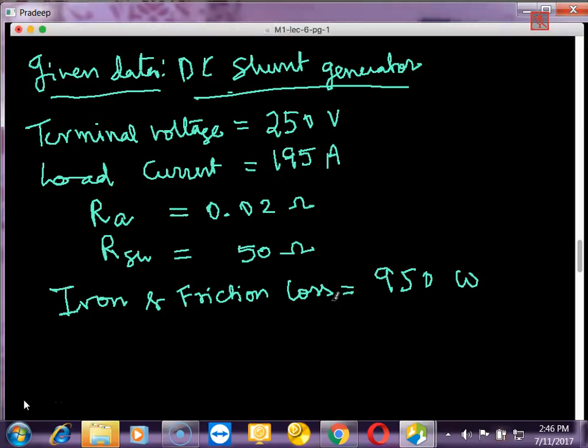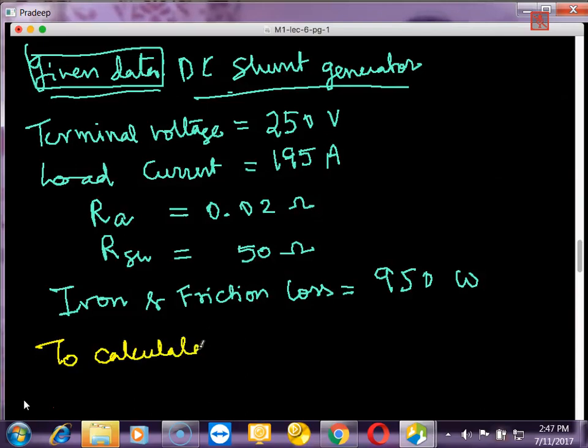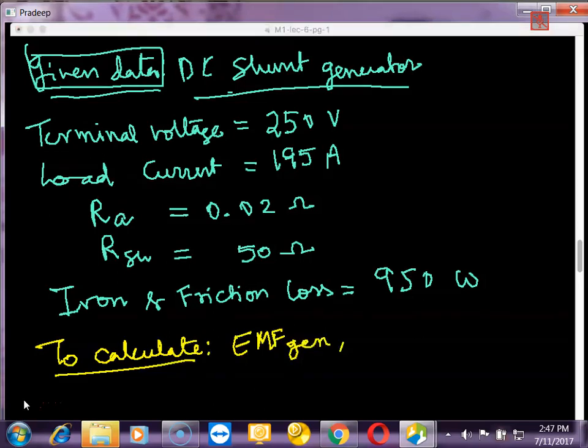So what needs to be found? So this is the given data. What we have to calculate: first is EMF generated, and next I have to calculate the copper losses.